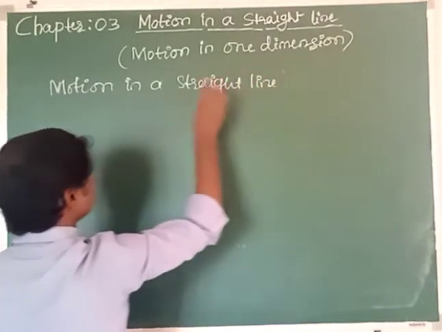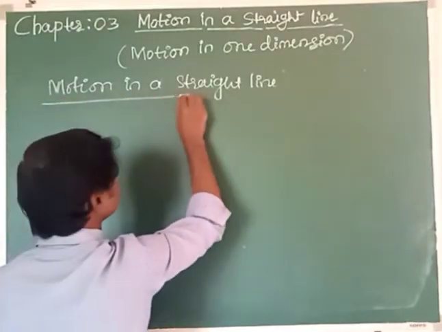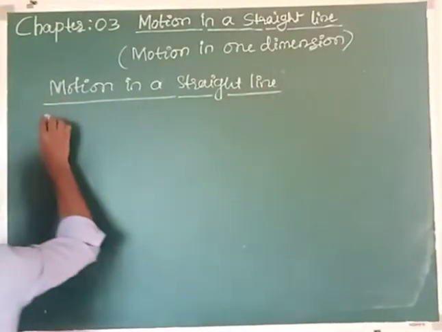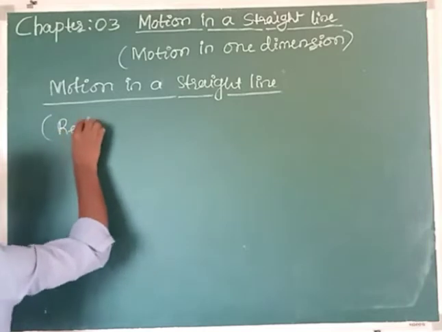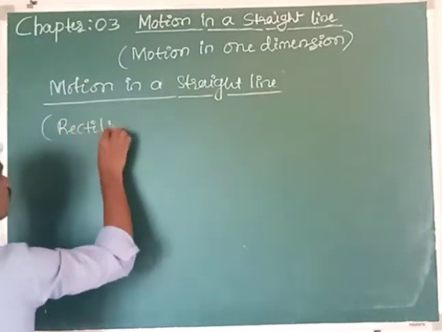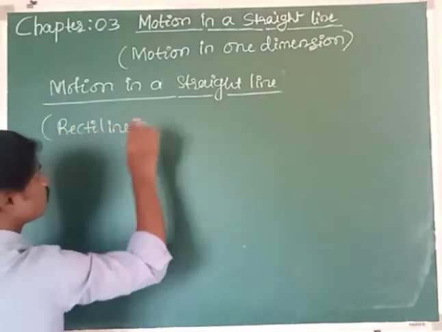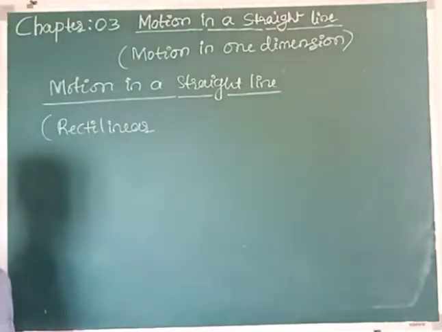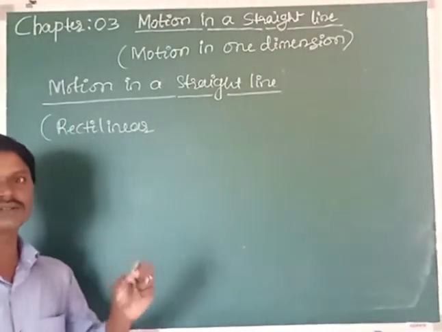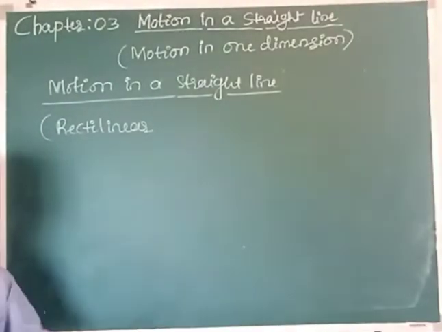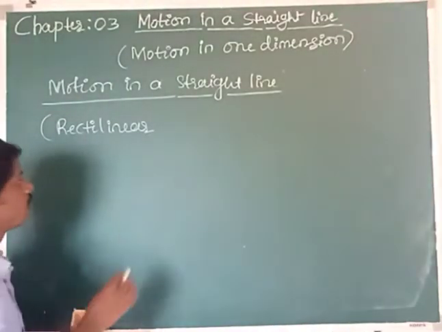And also it is called a rectilinear motion. So listen here, in this chapter we are not going to consider the cause of motion. That is, we will not study what causes the motion, but we will study everything else. Okay, so rectilinear motion.